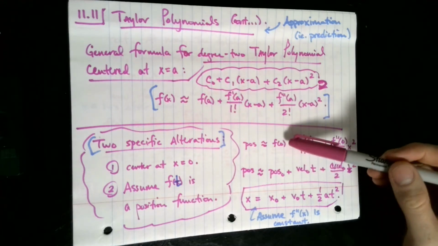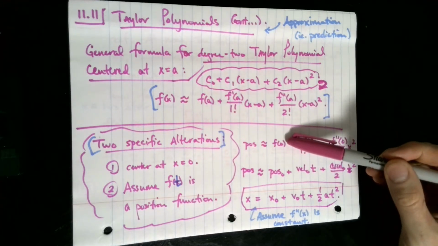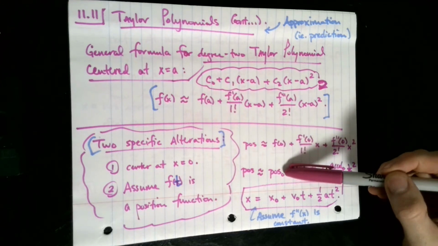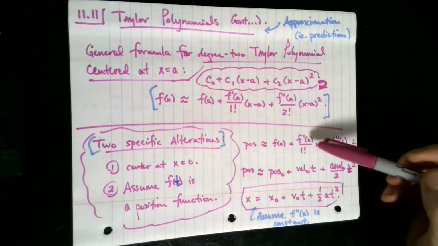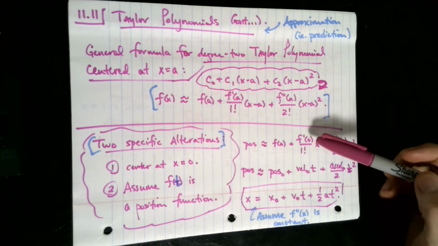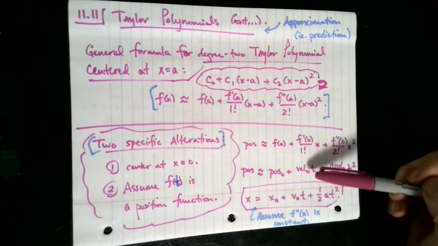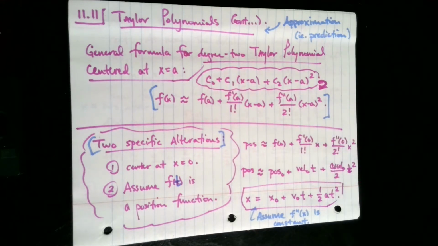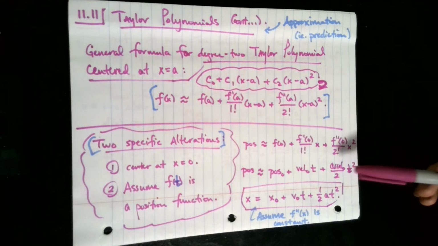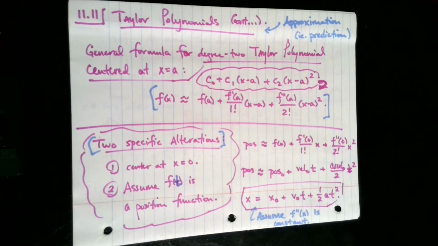But moreover, think about what this f of 0 is. That's the position at time 0, frequently referred to as the initial position. This is the derivative of the position at time 0, so that's the initial value of the velocity, because velocity is the first derivative of the position function. And here we have the initial acceleration, because acceleration is the second derivative of the position function.